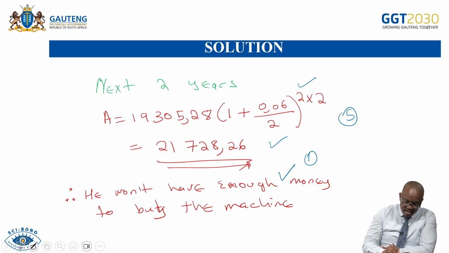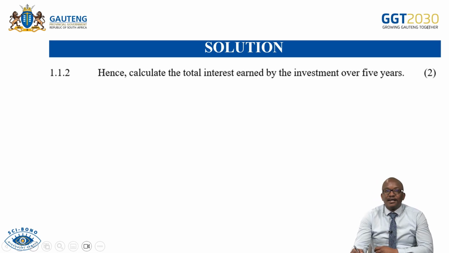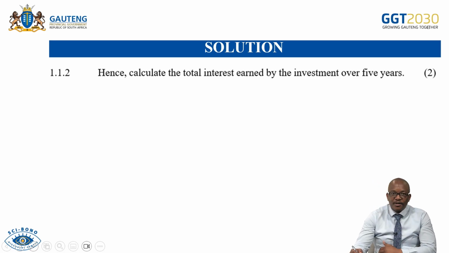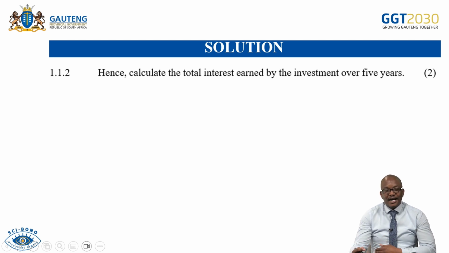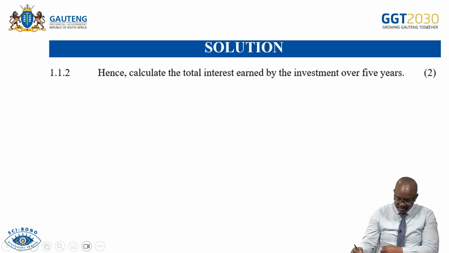So let's look at 1.1.2. Now it says, hence, calculate the total interest earned by the investment over 5 years. So remember, when it says hence, it means you must go back to your previous question, and then you use the answer of the previous question to determine the answer for this one.